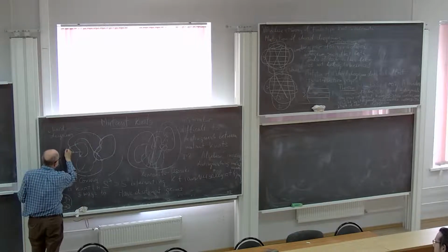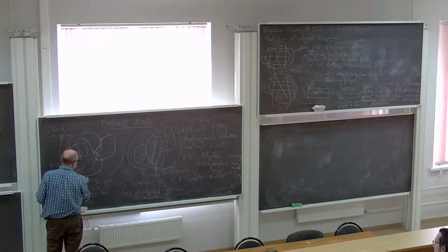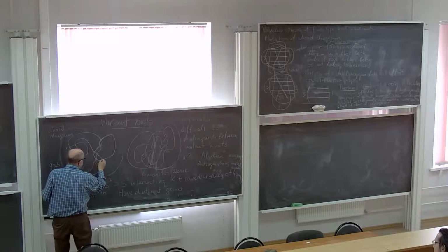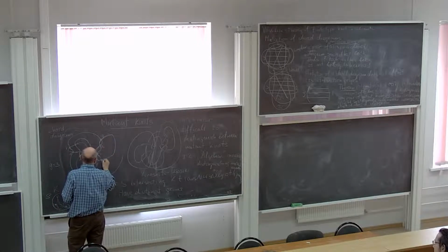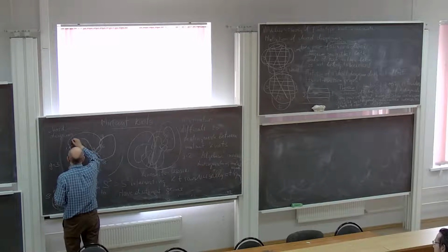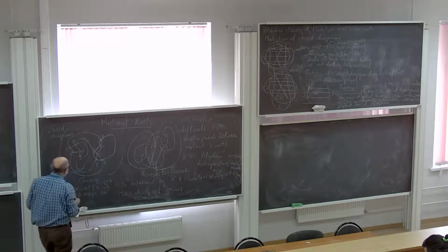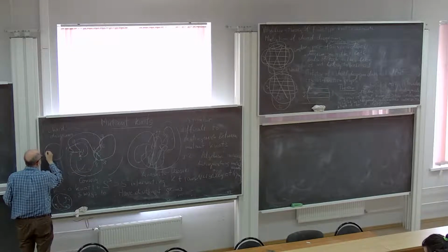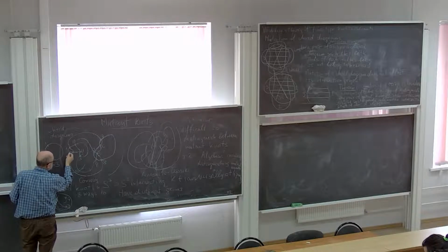And we may number these double points in some way. 4, 5, 6, 7, 8, 9, 10, 11. And we can construct a chord diagram just by moving along the diagram.